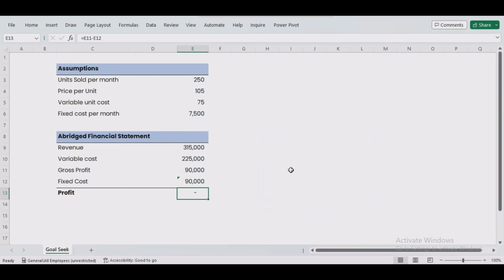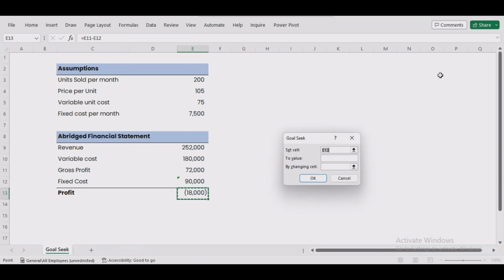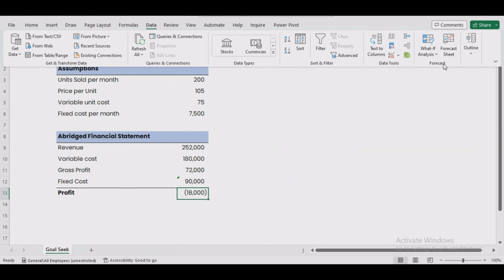Let us say I reset my target, and I want to make a profit of 100,000 at the end of the year. Again, I'll follow the same process. I'll go to data, then what-if analysis, which is this one, then goal-seek.